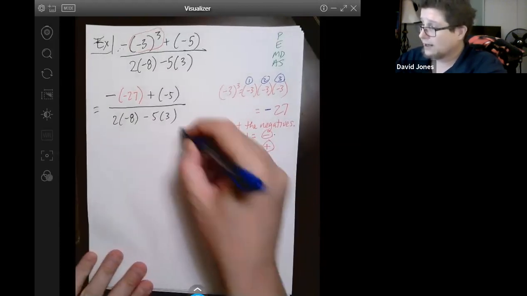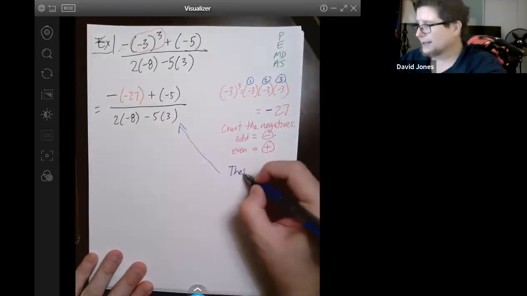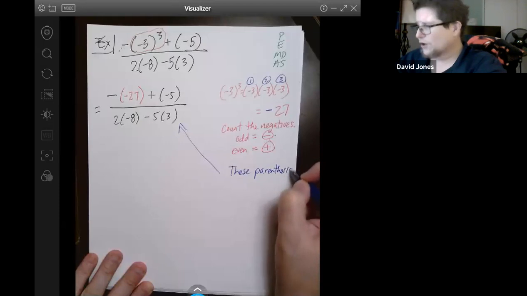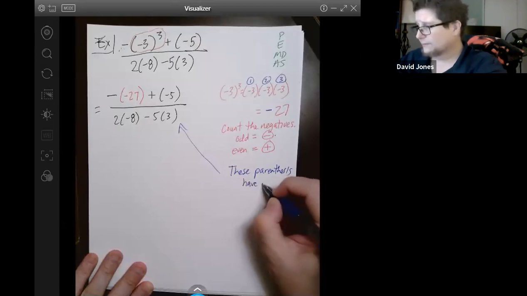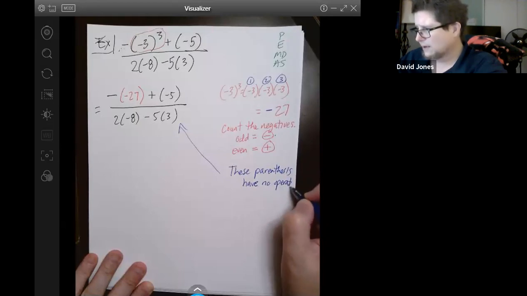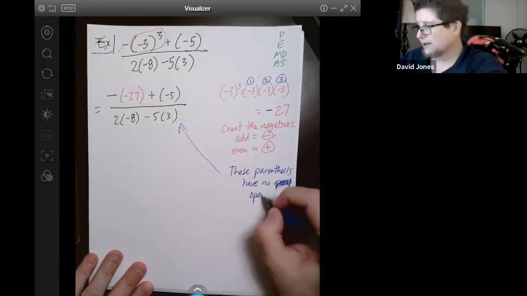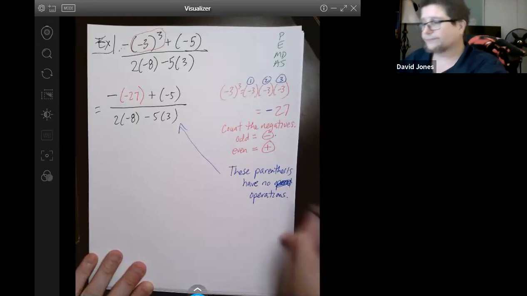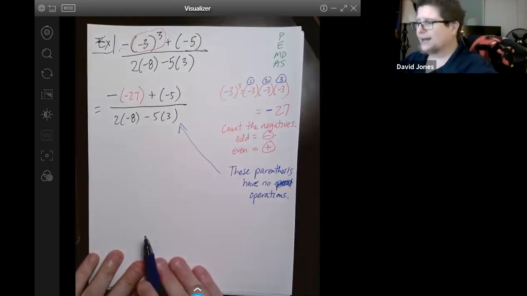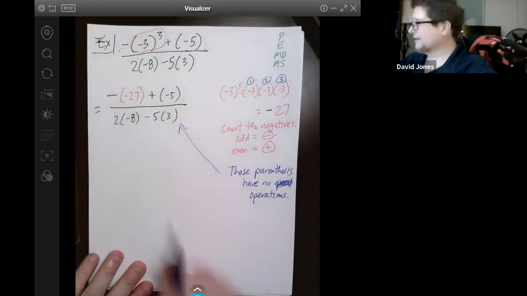So these parentheses have no operations. And what does it mean to have this 2 in front of this negative 8 or this negative in front of this?